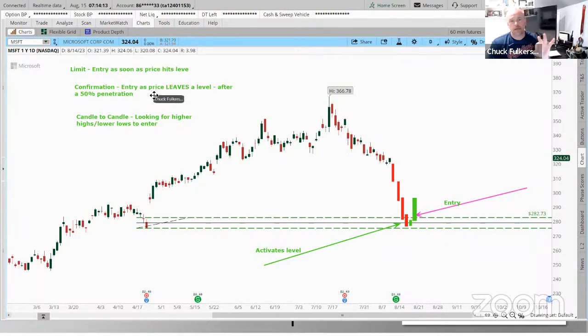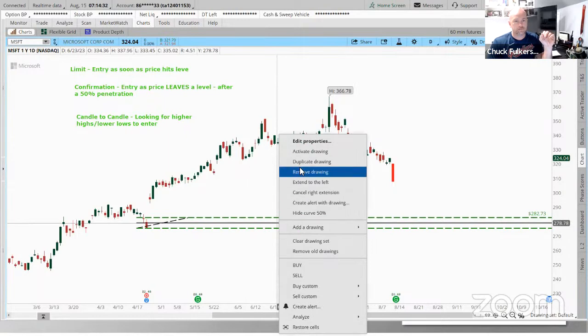The third entry is the candle to candle entry type. Now, the candle to candle entry type is going to be a bit different because in the candle to candle entry type, I've identified a level.